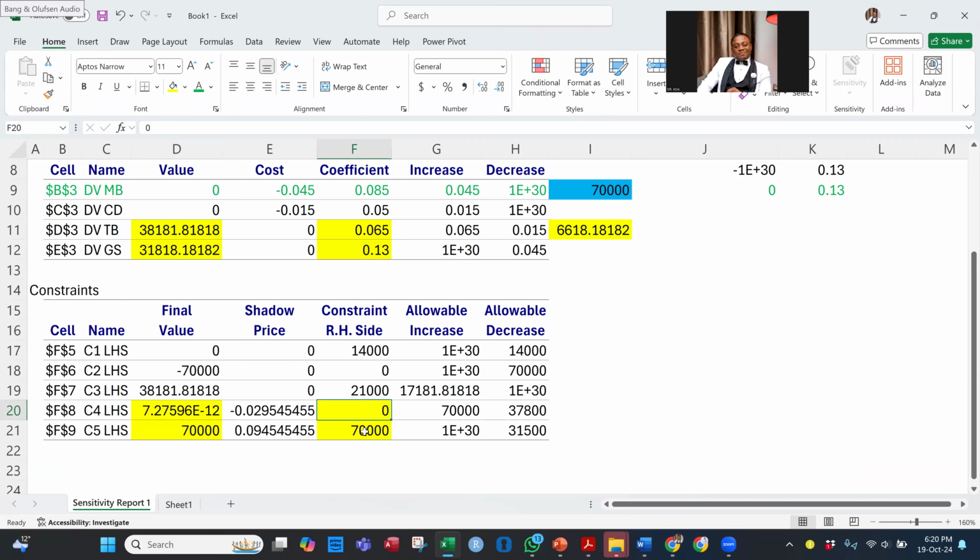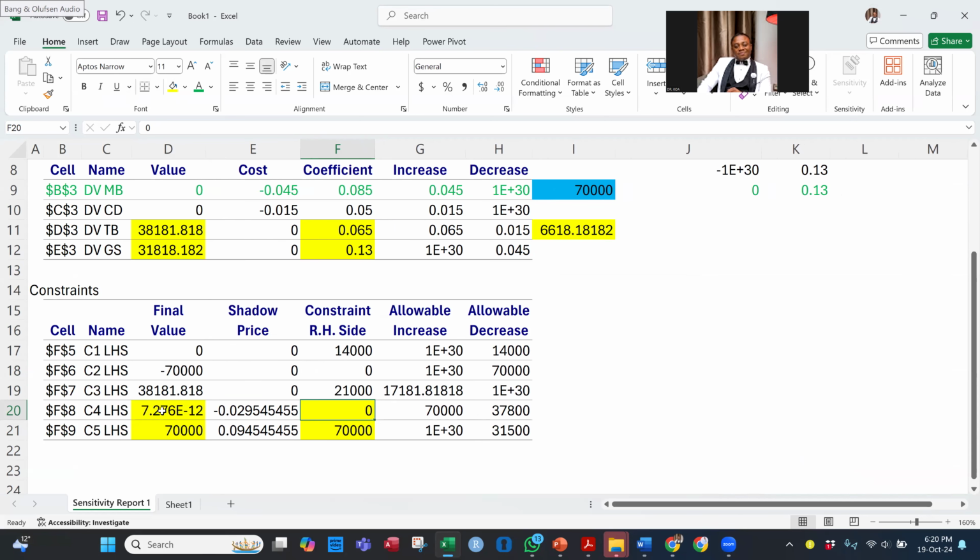For example, constraint number 5, 70,000 and 70,000 is the same. Constraint number 4 is also 0 and 0. This value is approximately 0 because you have e minus 12, the exponent. And so constraints 4 and 5 are the binding constraints.